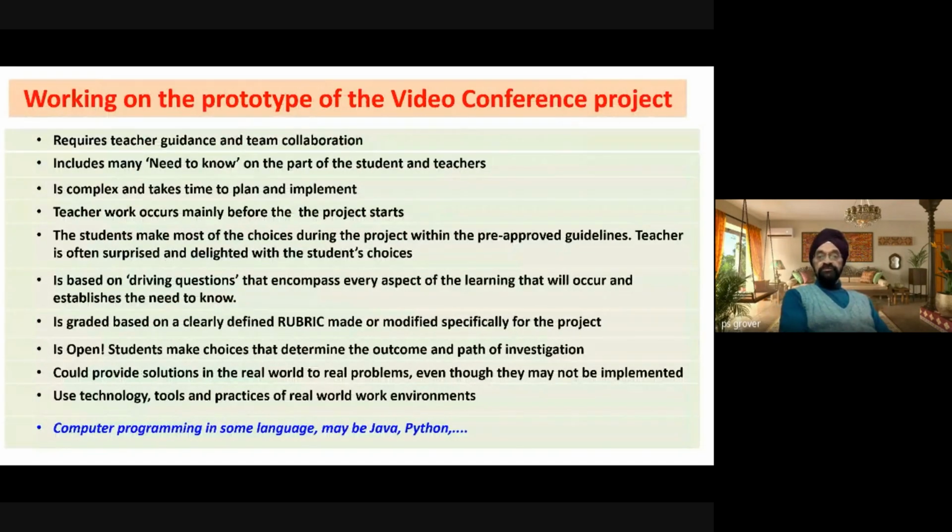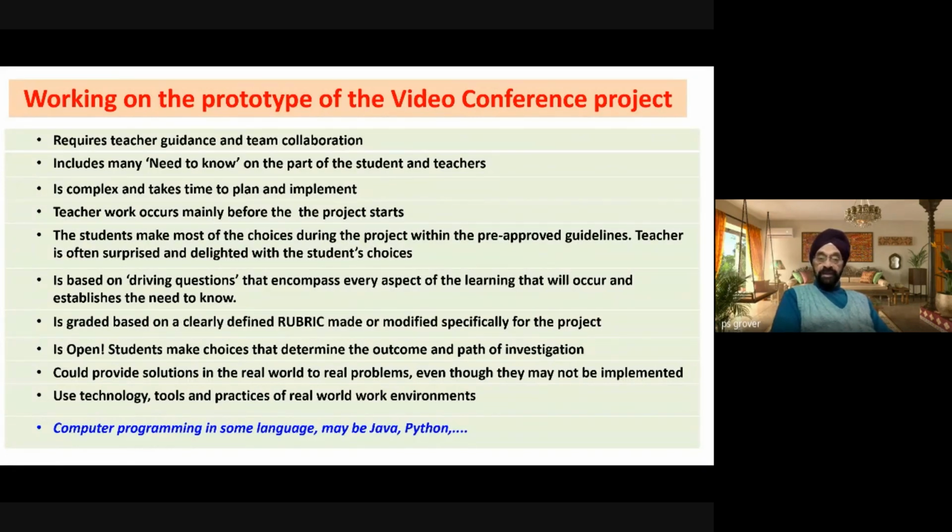So working on the prototype video conference project, what the student learns requires teacher guidance and team collaboration. It includes need-to-know on the part of students and teachers, is complex and takes time to plan and implement. Teacher work occurs mainly before the project starts. The student makes most of the choices during the project within the predefined specifications I mentioned.